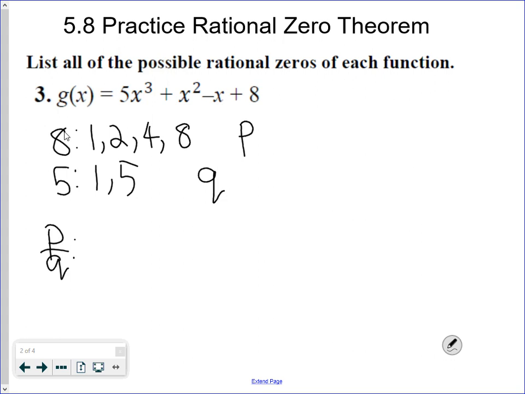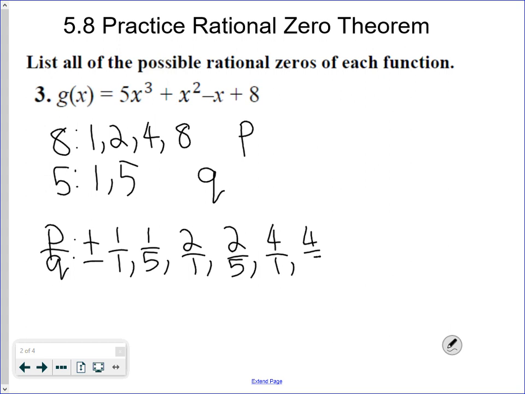So I'm looking at what combinations I can make for P over Q. Plus or minus, I get 1 over 1, 1 over 5, 2 over 1, 2 over 5, 4 over 1, 4 over 5, 8 over 1, 8 over 5.